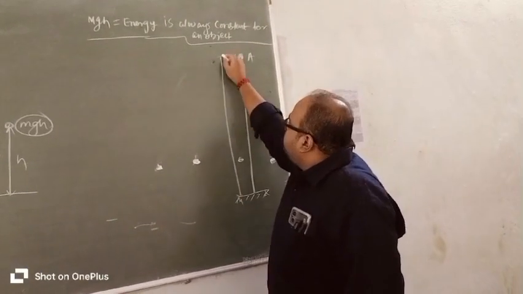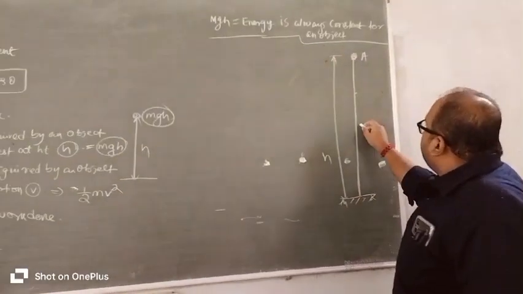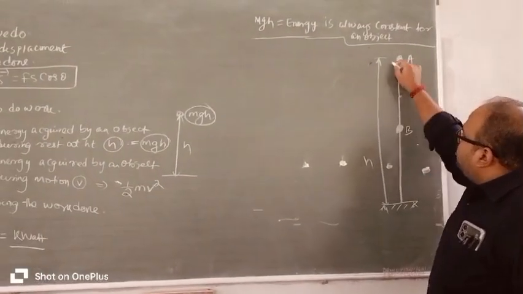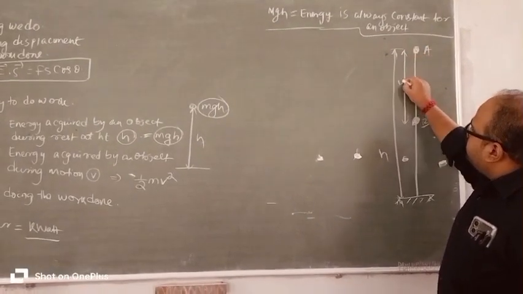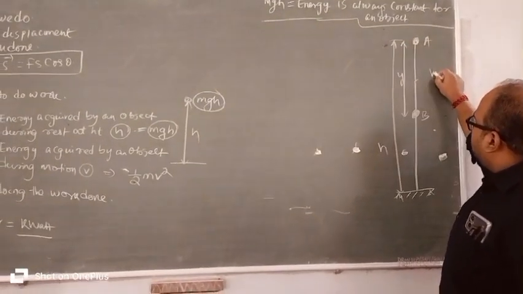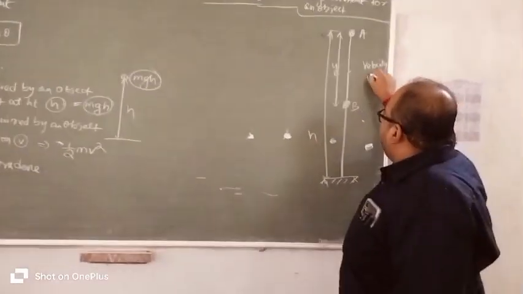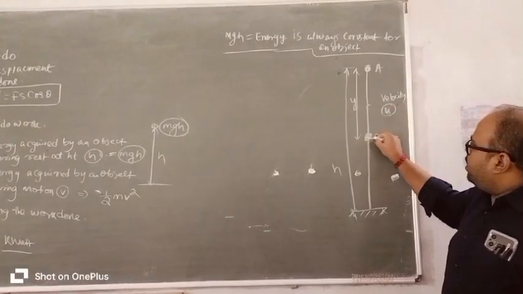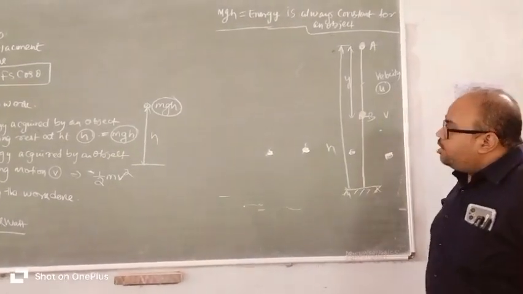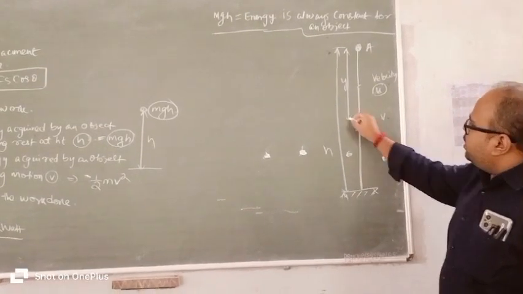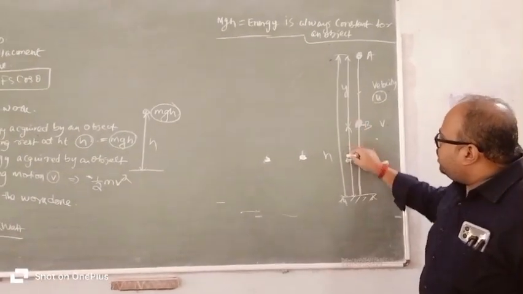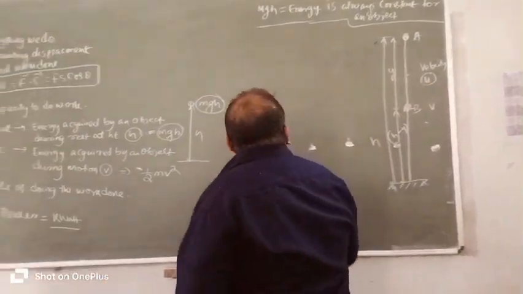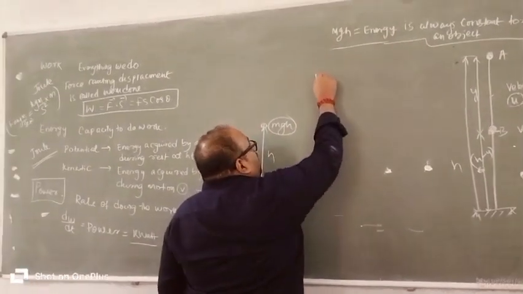A is at height h from the ground level, and the object reaches an intermediate station B with height y, moving with velocity u, and the final velocity after reaching will be v. Okay.